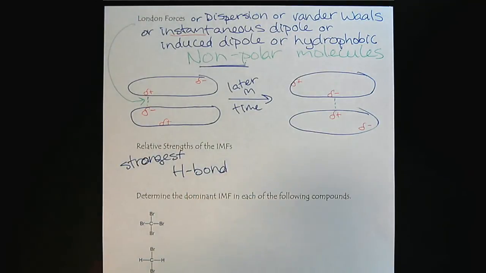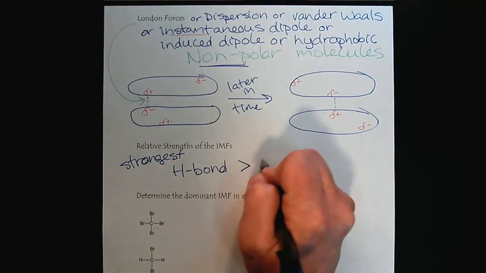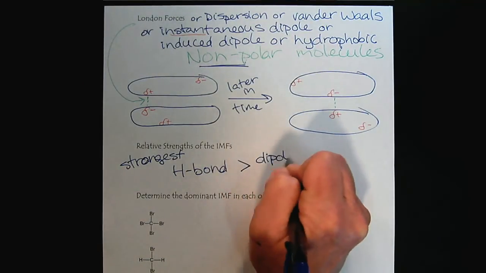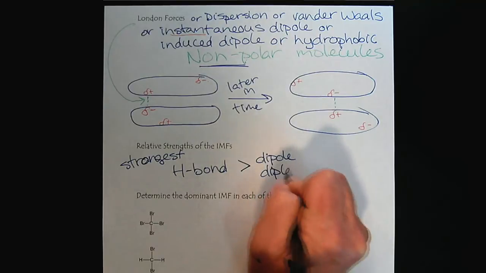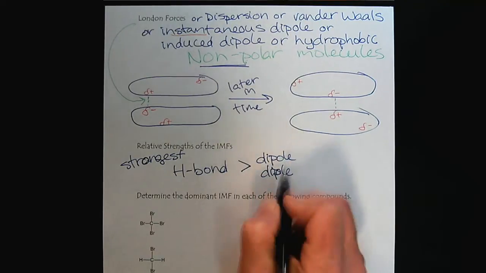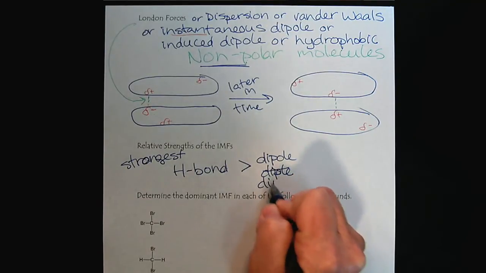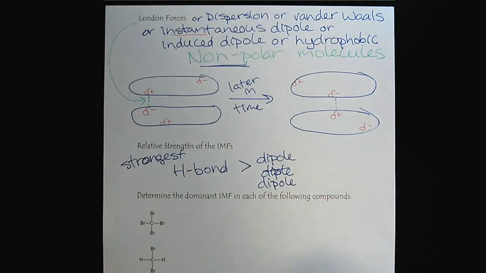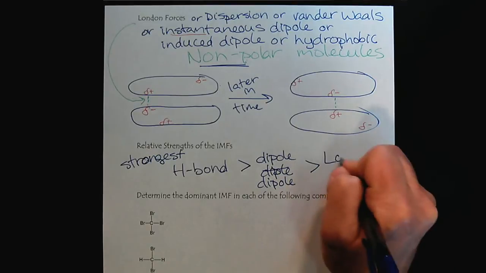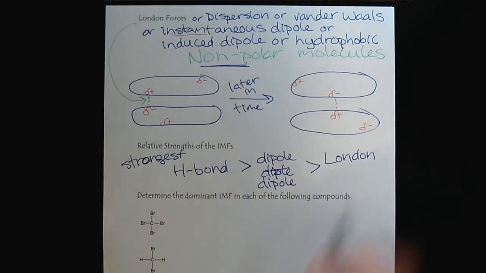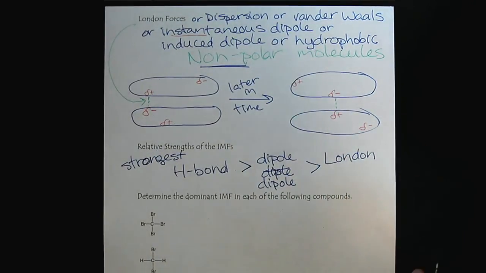That's the largest dipole moment with the small atomic size of hydrogen. That will be greater than the dipole-dipole, which still has permanent dipole moments, but they're not as strong. And then, of course, the weakest is going to be the London, where they're temporary.